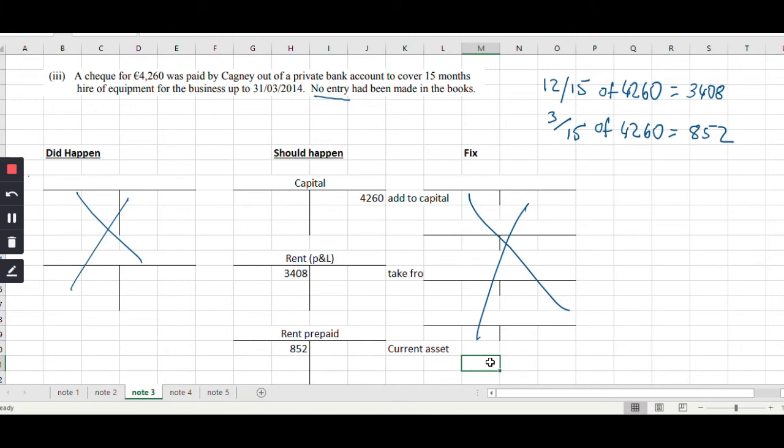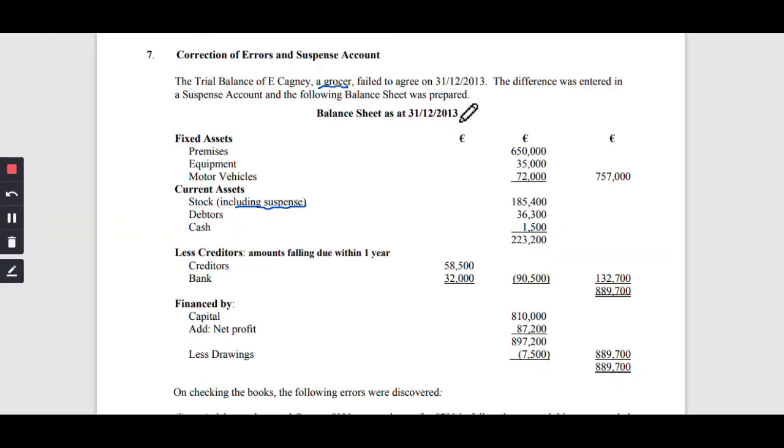If you see this note coming up, generally the rent prepaid wouldn't show. So if I just go back to the question, there is no rent prepaid in the current assets section. We are going to create a new rent prepaid here.